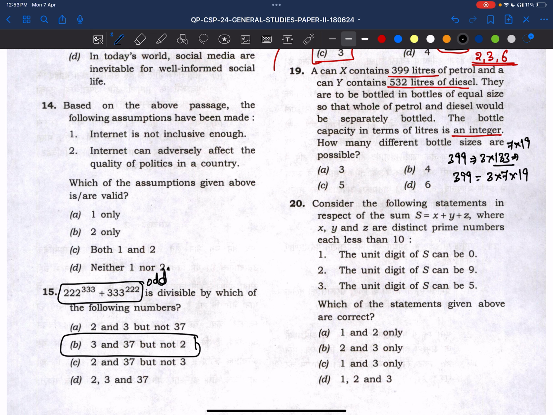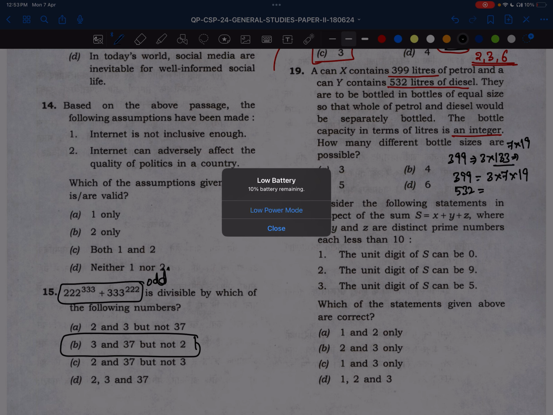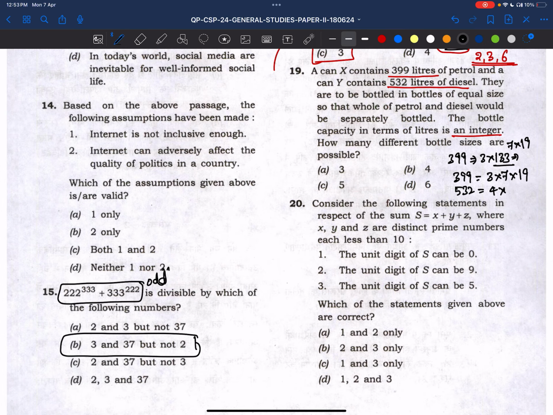Please friends, try to learn by heart the squares of 1 to 30, the cubes of 1 to 20, and also the tables. By 532, this is simply 4 times 133, that means it can be written as 4 into 7 into 19.